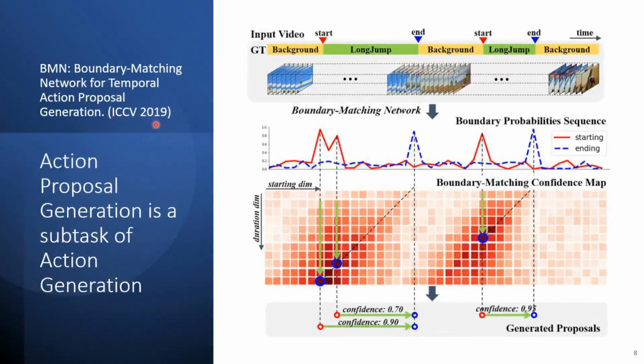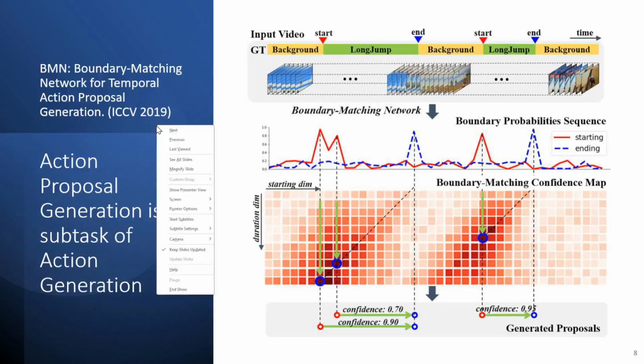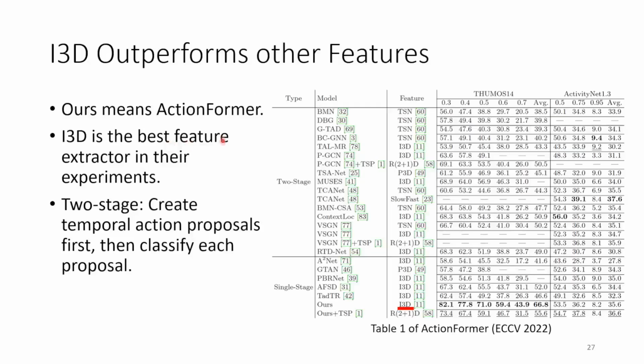So you can see this is ICCV 2019, and then there are a lot of other papers published in 2020, 2021, and 2022, and then in ECCV 2022. Because ECCV is usually held in October, this is almost the end of the 2022 year. So they proposed ActionFormer.